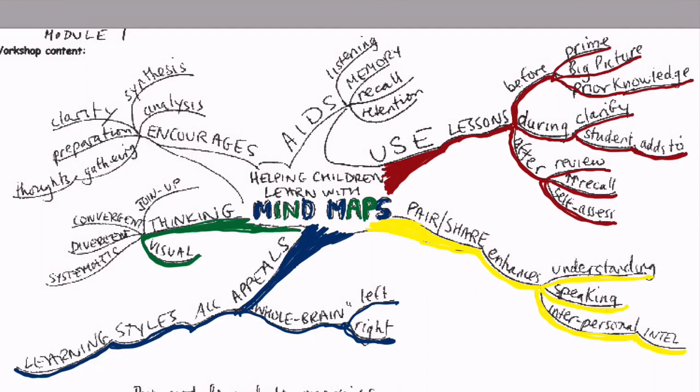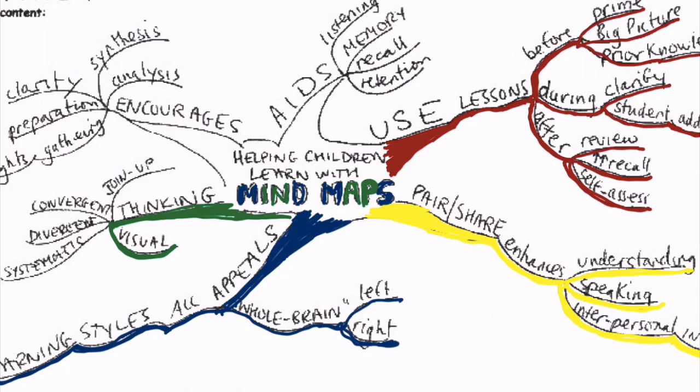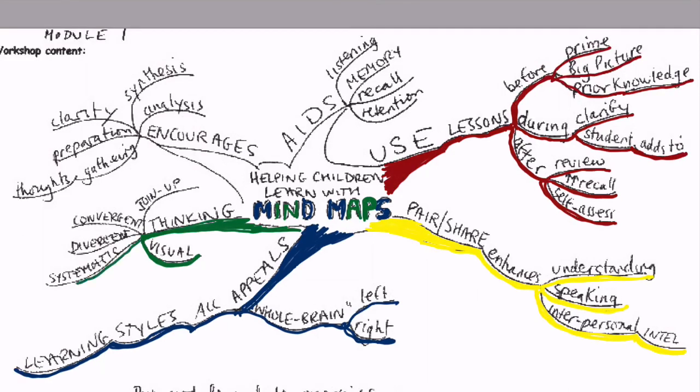Our spatial working memory. Now, another great benefit for students when they're using mind maps on a regular basis is how mind maps help develop thinking skills. Thinking can become much more visual, it's much more systematic, and actually it encourages the student to think in two different ways.